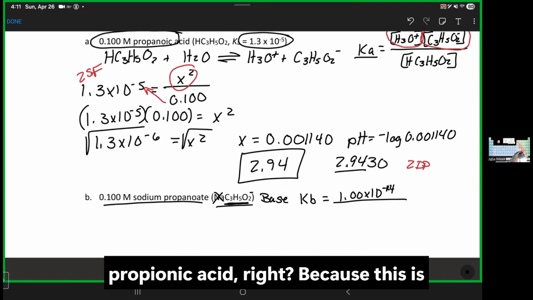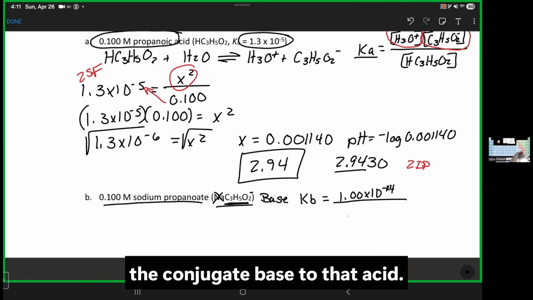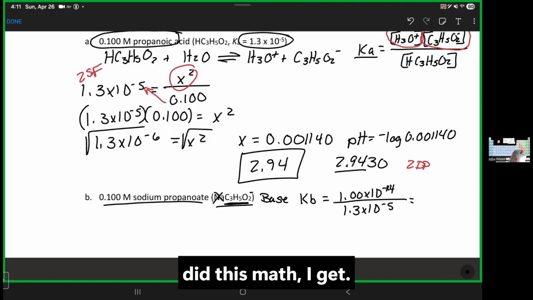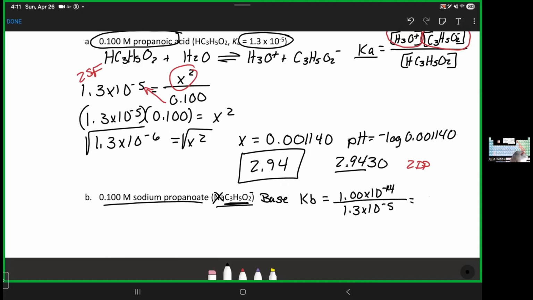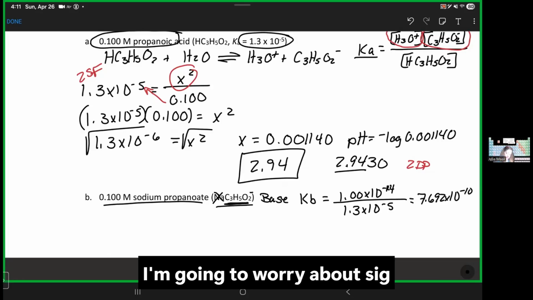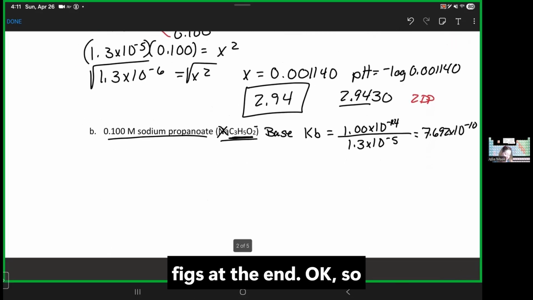Because this is the conjugate base to that acid. So divided by 1.3 times 10 to the negative 5. And I already did this math. I get 7.692 times 10 to the negative 10. I'm going to worry about sig figs at the end.